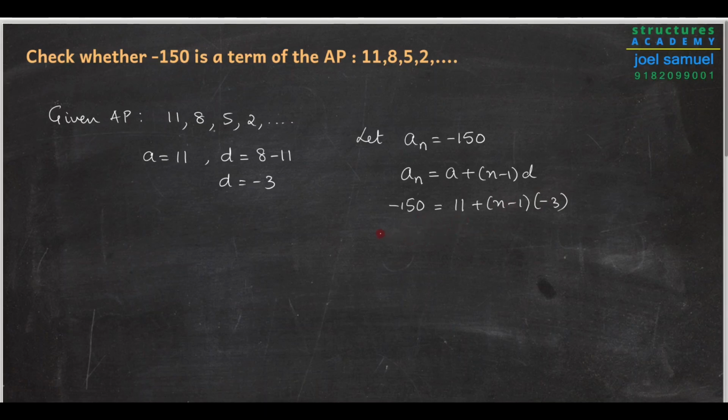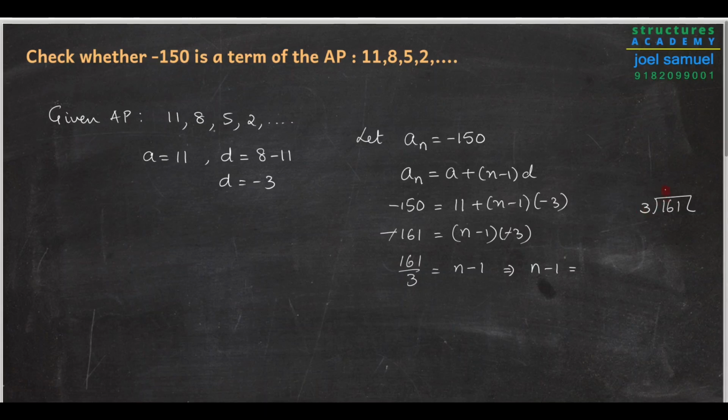So this is going to become minus 161 equals n minus 1 into negative 3. 161 over 3 equals n minus 1. So which means n minus 1 is equal to, if I divide 161 by 3, this is 6 plus 2, 8. It is not divisible, evidently.